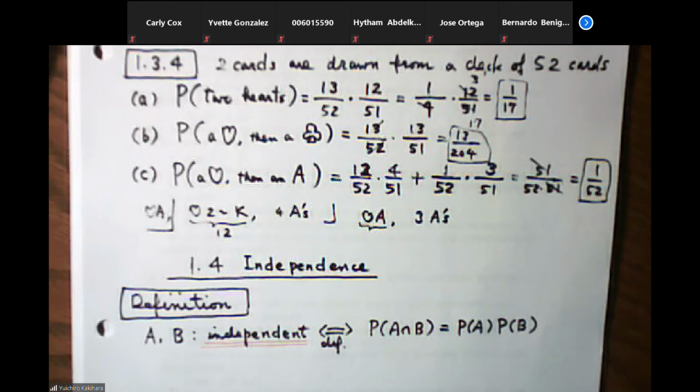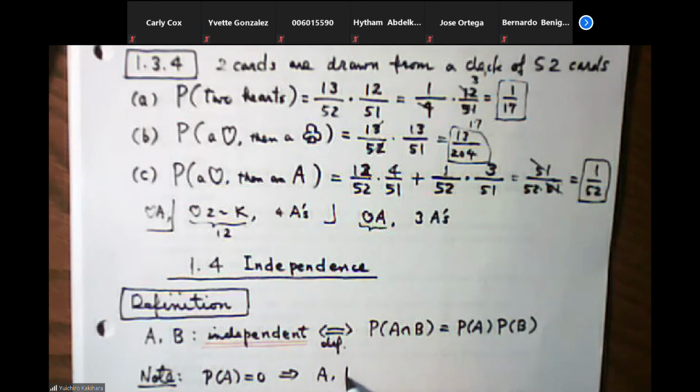In this case, P of A could be 0 or P of B could be 0. If this is 0, then the right side is 0, and this probability is smaller than or equal to this probability, so this must be 0. So 0 is equal to 0. That is true. So note, if P of A is 0, then necessarily A and B are independent.